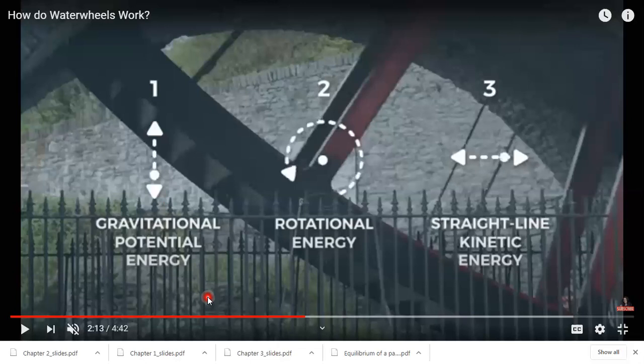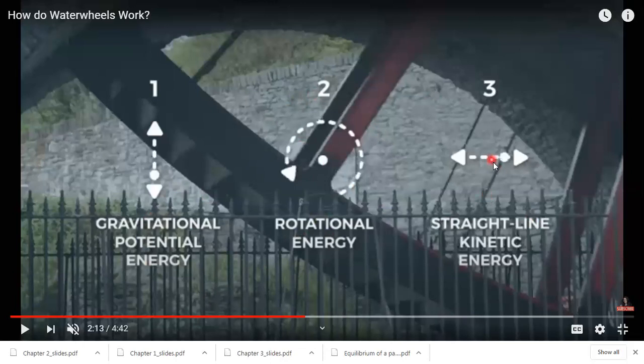Okay? And in these types of wheels, the gravitational potential energy will be converted into rotational energy, because the water will flow on the blades of the water wheels and it will rotate. Now, the rotational energy, as seen in the previous example, can be converted through mechanical equipment to another form of energy.